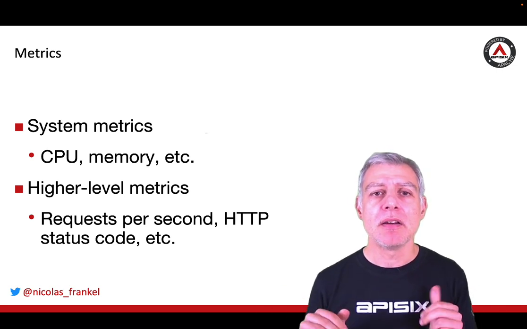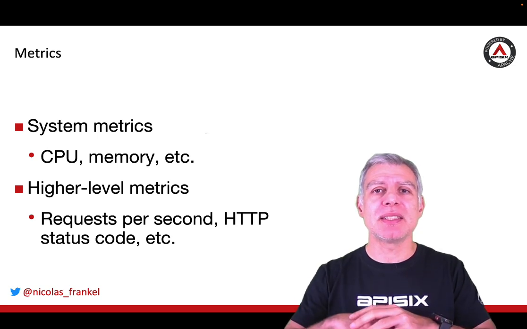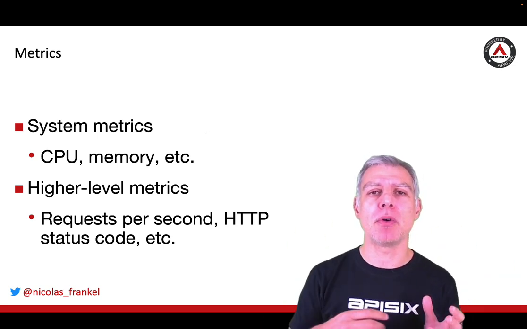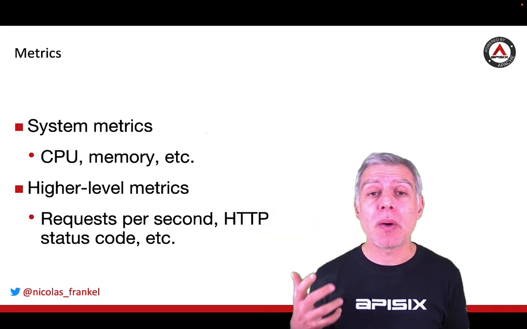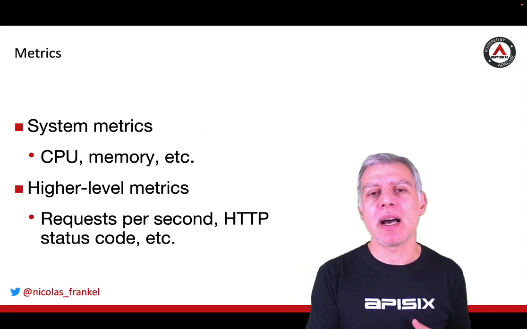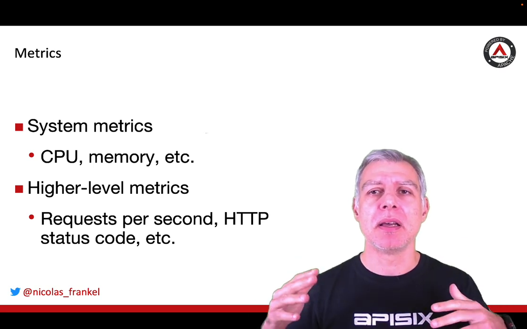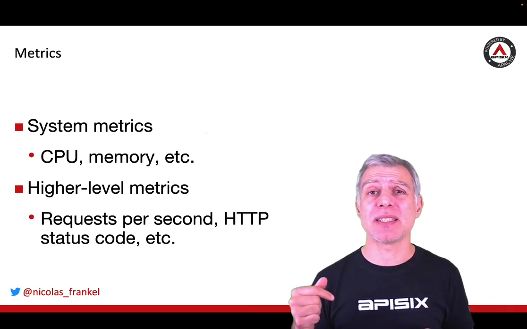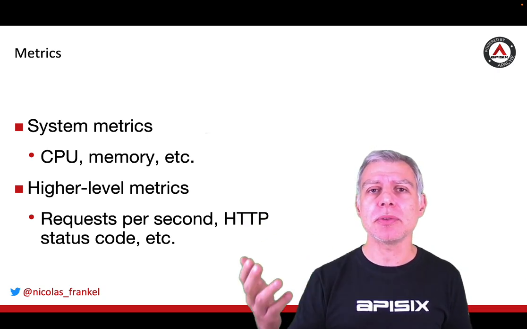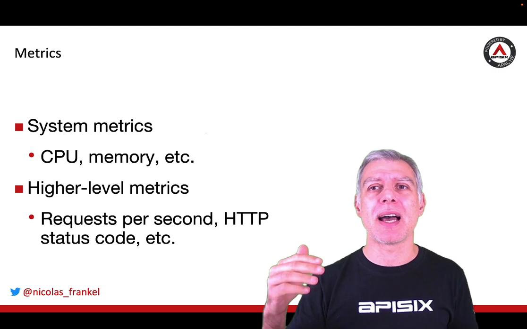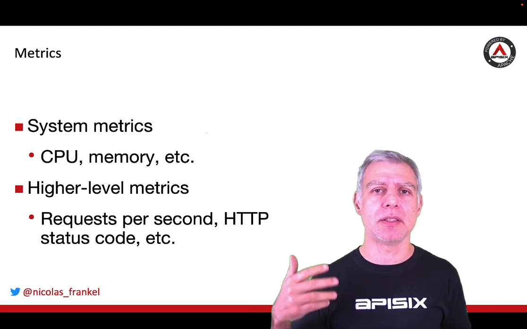This is very easy to get, but as I mentioned, if your system becomes more complex and involves more machines, it's not possible to have them. So nowadays, we still rely on those metrics, but we want to have higher level metrics. They can still be technical metrics, such as the number of requests per second, or the HTTP status code, or they can be business metrics, such as the number of orders and this kind of stuff.